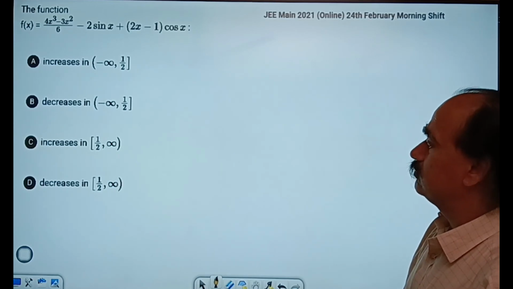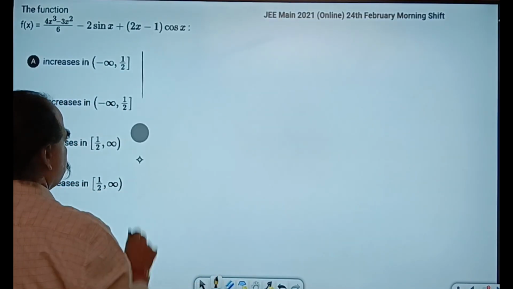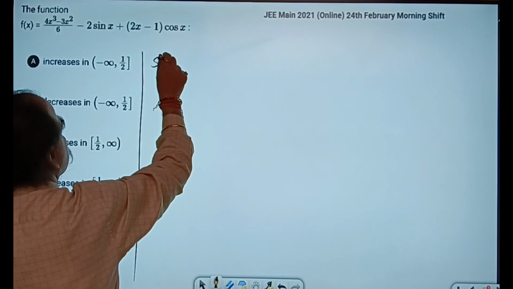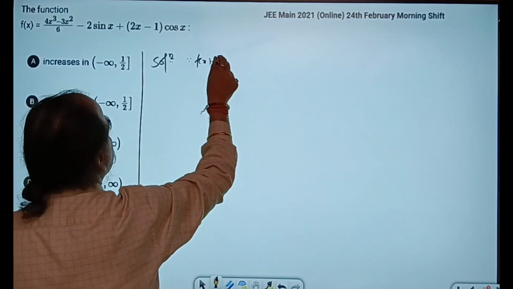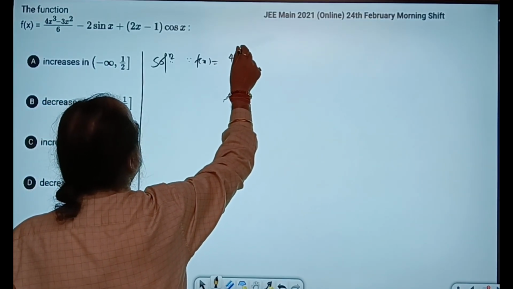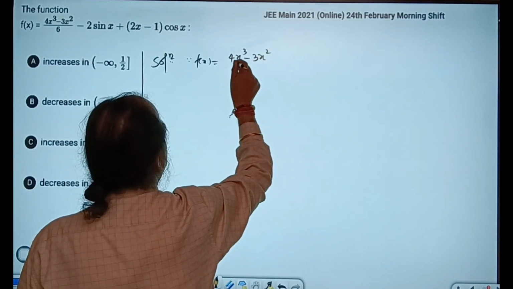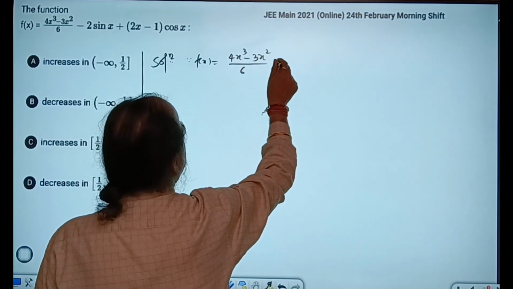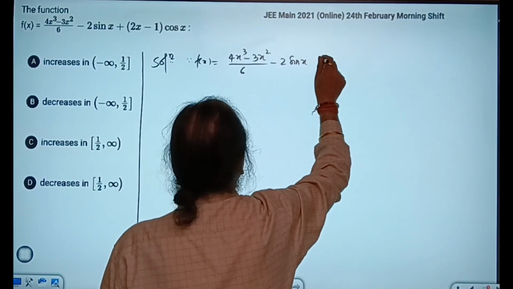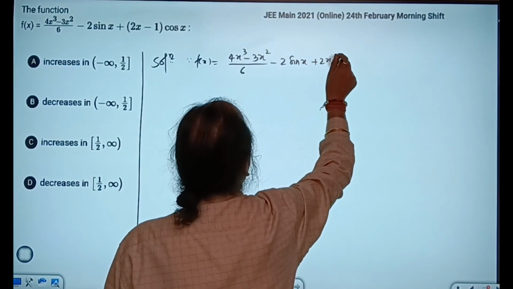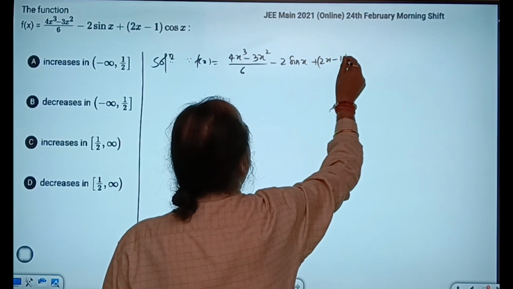The function f x is equal to 4x cubed minus 3x square upon 6 minus 2 sin x plus 2x minus 1 cos x.